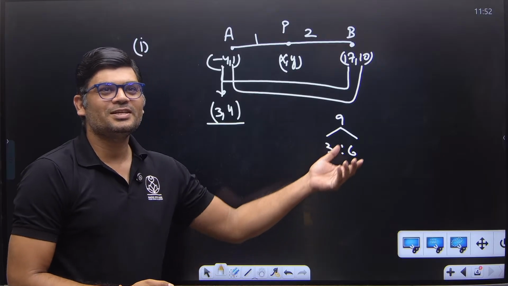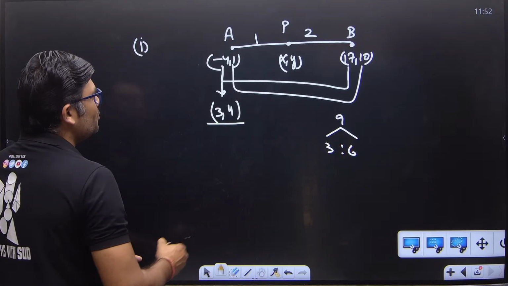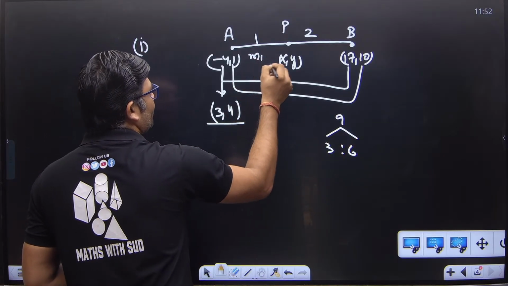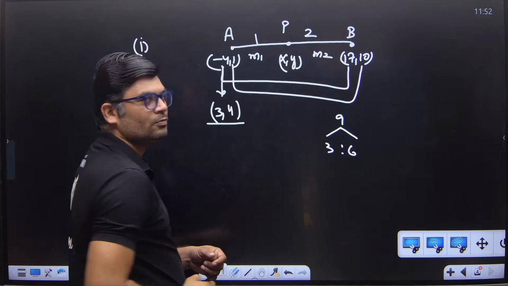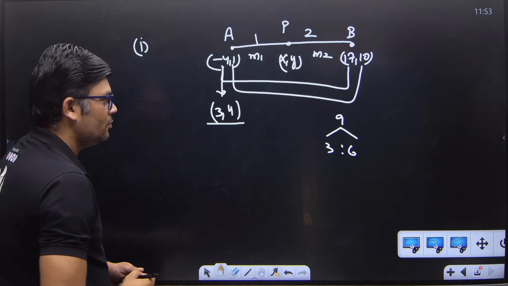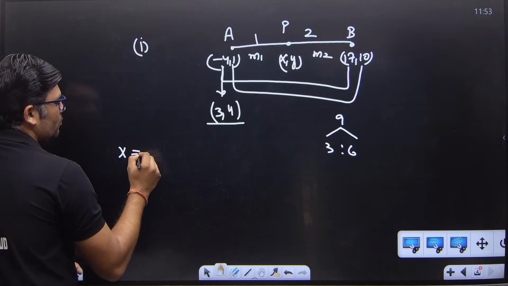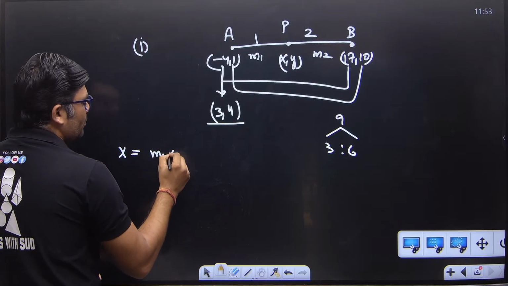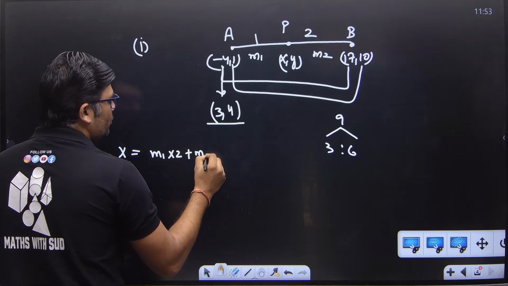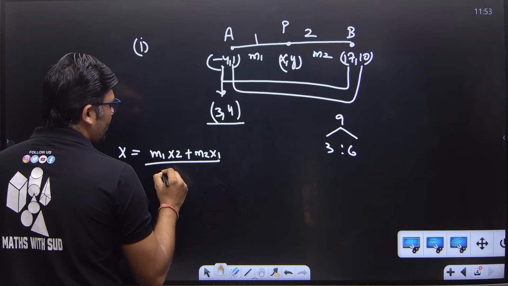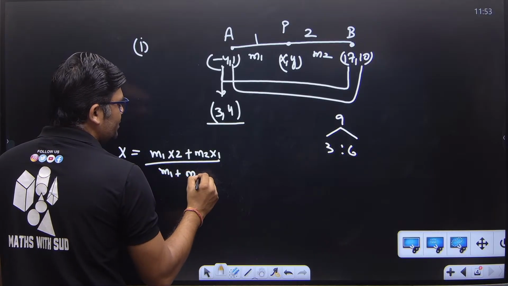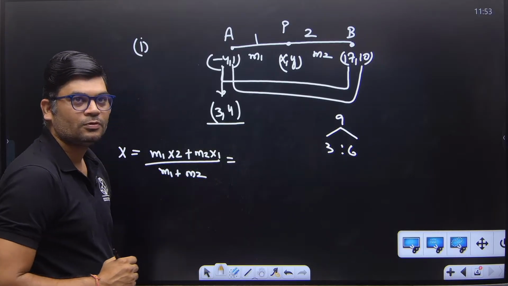Now let us use the section formula. Let us suppose that the ratio is M1 is to M2. So X will be equal to M1 X2 plus M2 X1 divided by M1 plus M2.